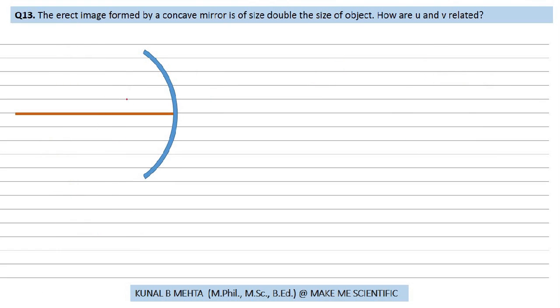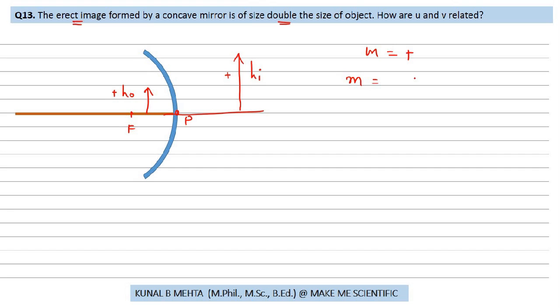Moving ahead, here we have an erect image, which is only possible if the object is kept between f and p. The image will be behind the mirror, height will be positive, height of the object is always positive, magnification will be positive. Now here they are asking for double the size of the object.